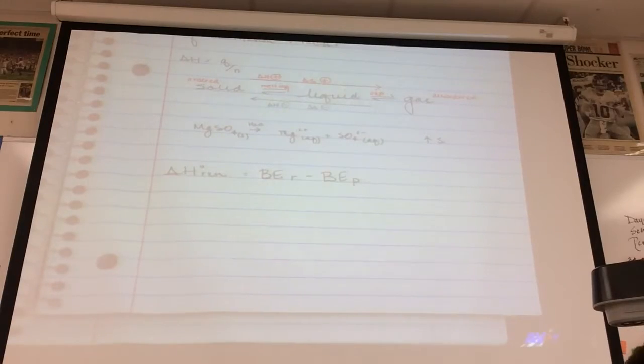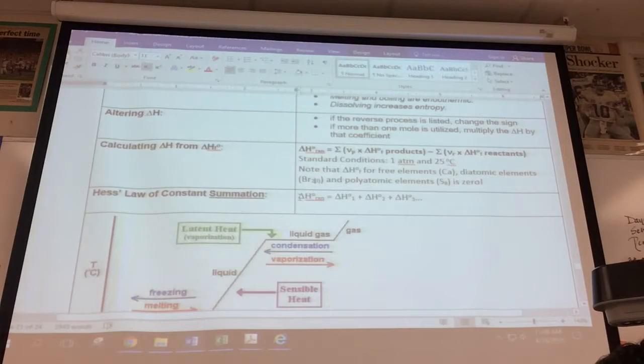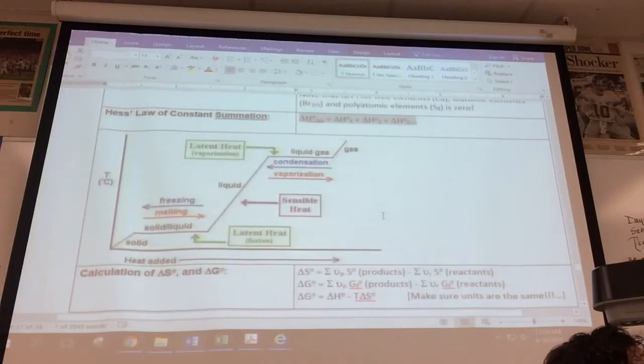You've seen Hess's law before. You saw it in honors. It's one of the few things I do in honors that's way above, but it gives you a great jump start for AP. Hess's law, where if you can sum the equations together, you can sum their delta H's.